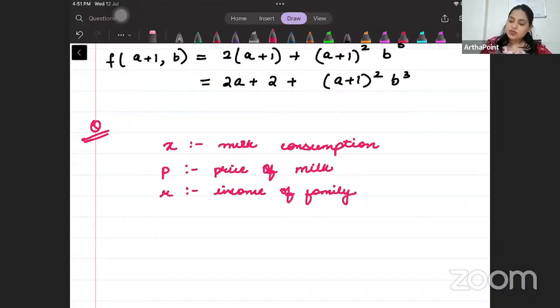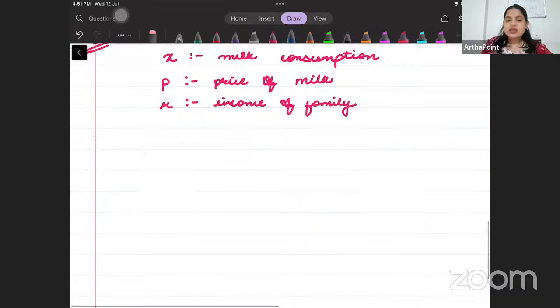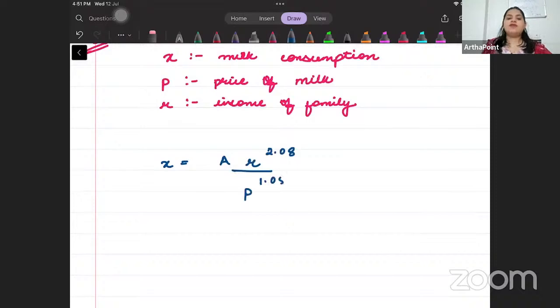Then it is given to you, beta, that x is a, r to the power 2.08 upon p to the power 1.05.